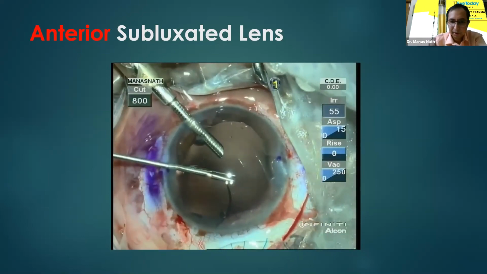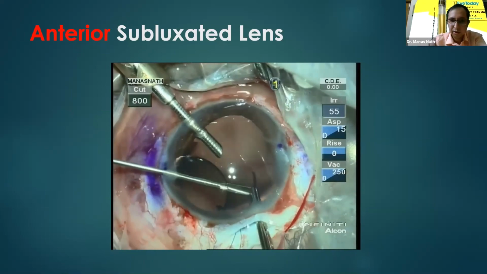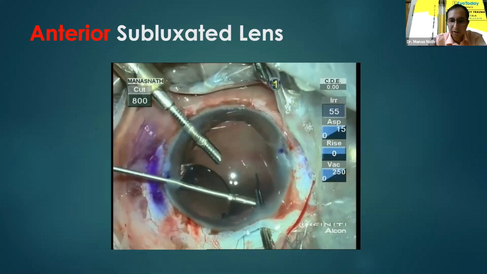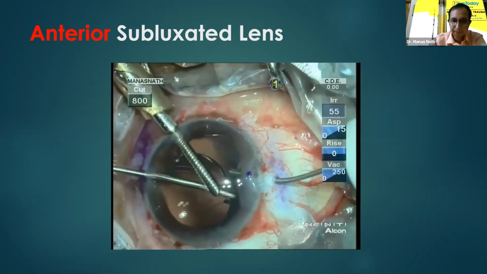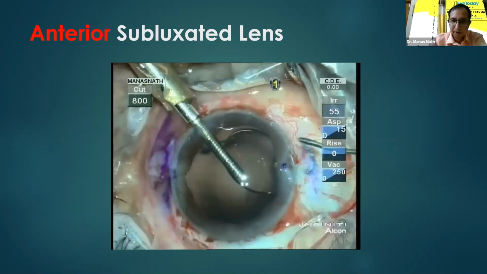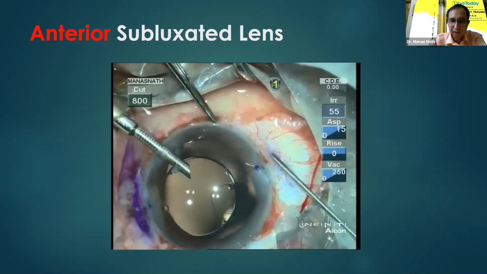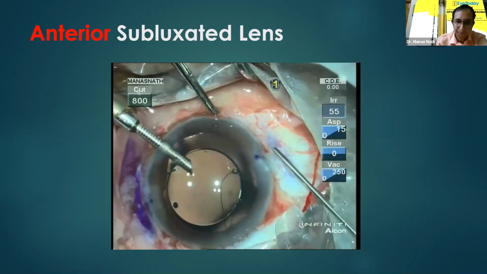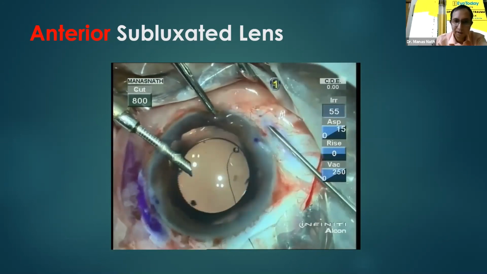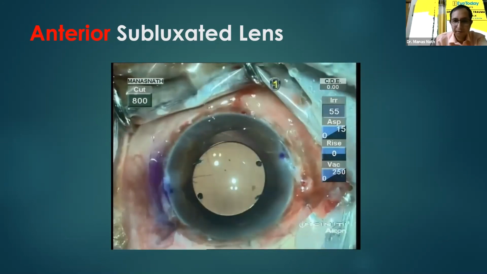Then the second haptic is introduced inside the anterior chamber, and with the handshake technique, it will be taken out in a similar way. And once I am assured that the IOL is well centered, this sling will be cut and removed. You can see that the lens is well centered.